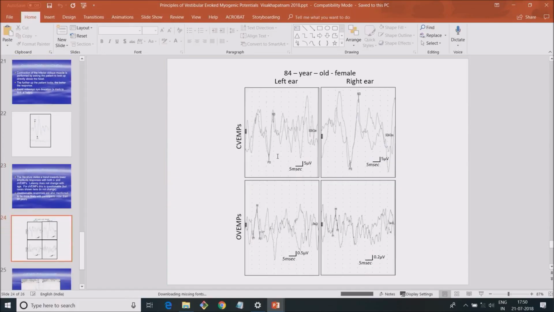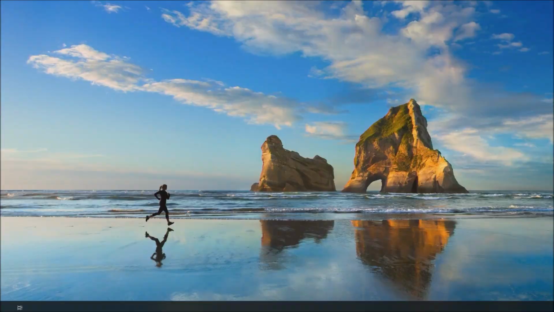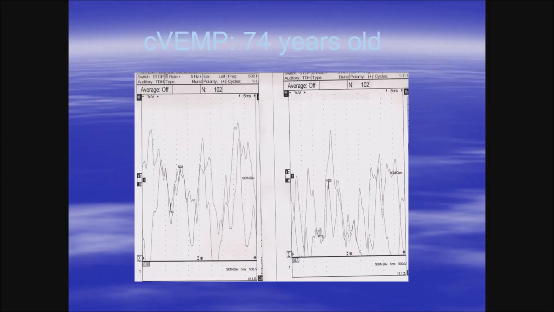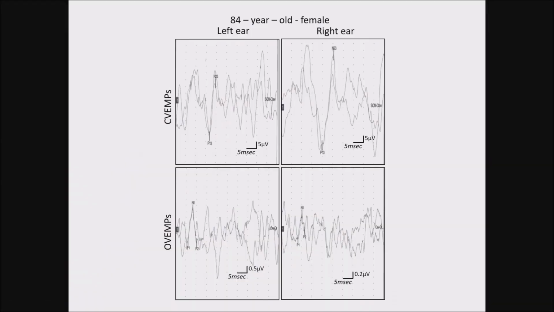This is an example of an 84-year-old. I'll show it bigger. So this is a patient I saw about 3 weeks ago, 84 years old, sent to us to rule out bilateral vestibulopathy.